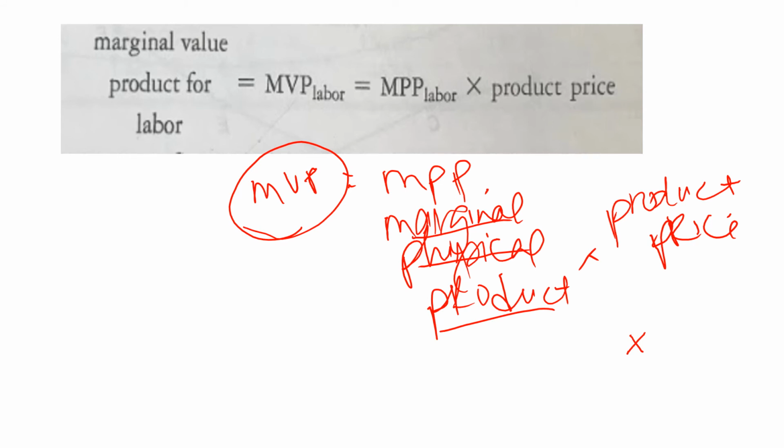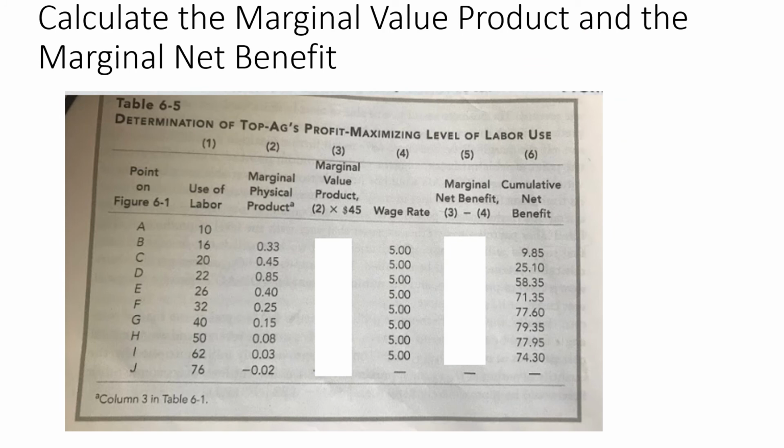Let's look at a couple examples. We have several things going on in this chart. Our use of labor: 10 units of labor, 16 units, 20, 22, and we're continuing to increase our units of labor here. Going from points A to B, 10 to 16 units of labor, each additional unit of labor is going to produce a marginal physical product of 0.33, so 1/3 unit of physical product for us.